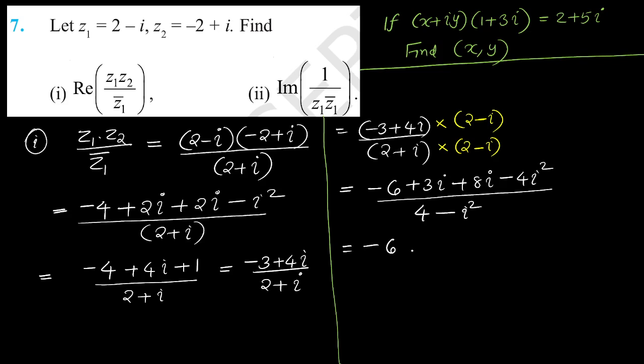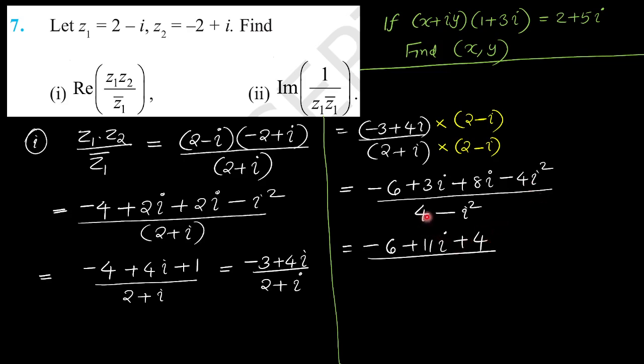Minus 6, 3i plus 8i. What is this? 3i plus 8i will be 11i. The last term is minus 4 into minus 1. I square is minus 1, correct? So minus 4 into minus 1 is plus 4.